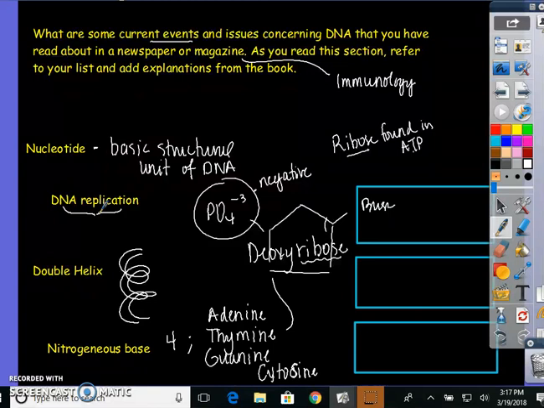It's got some directions. You'll need to look at the differences between the purines and the pyrimidines. Then it asks you about the adenine-thymine bond and the cytosine-guanine bond. So you're going to have to do some extensive cutting, follow the directions. Go ahead and hit pause, and assemble your purines and pyrimidines.